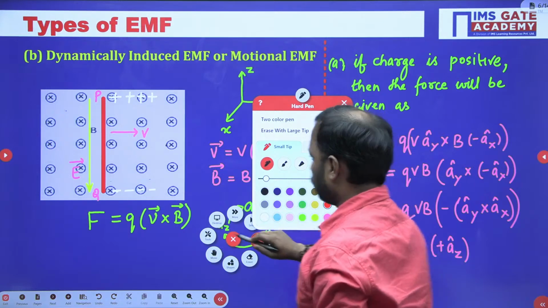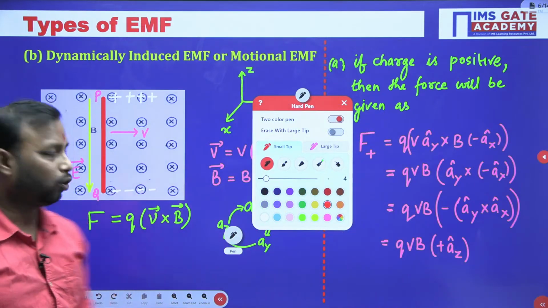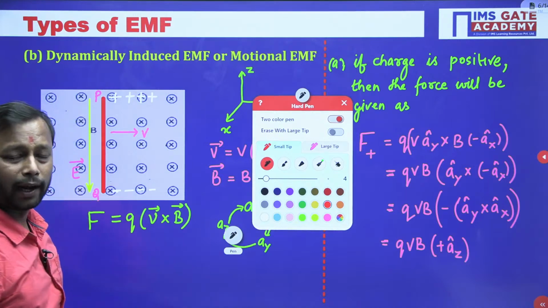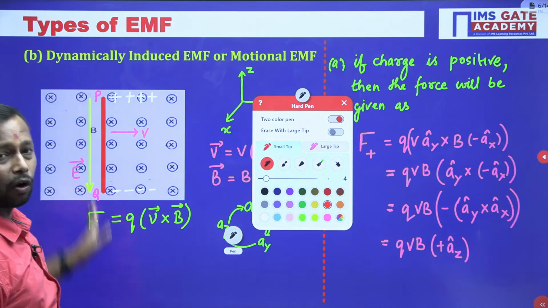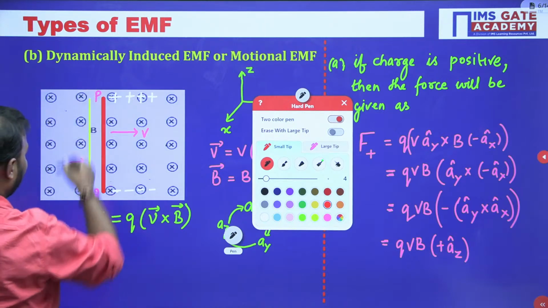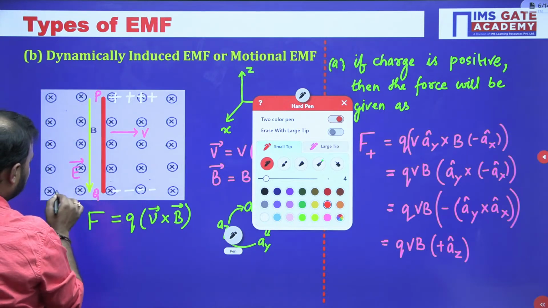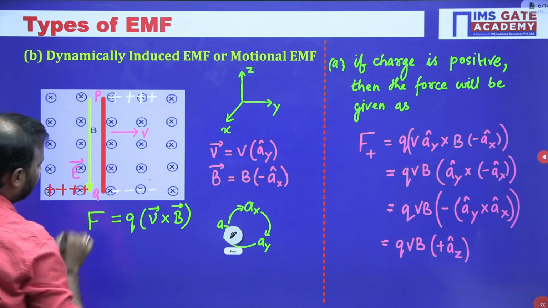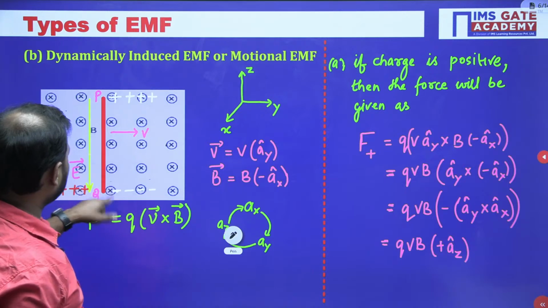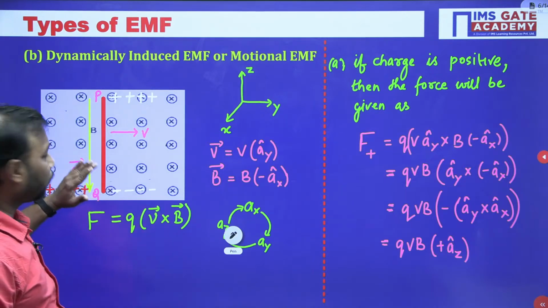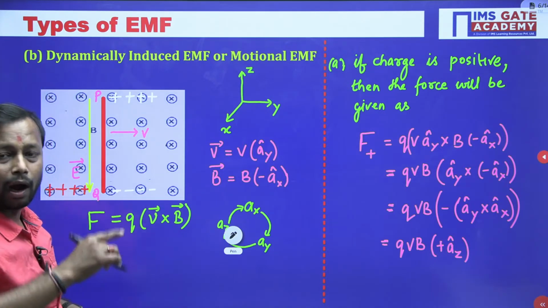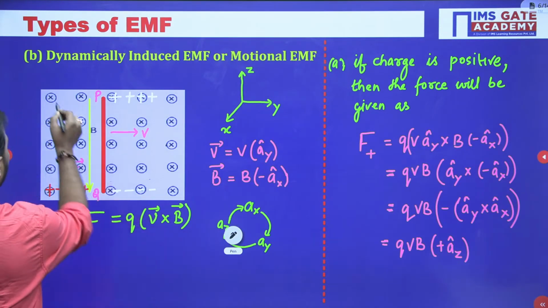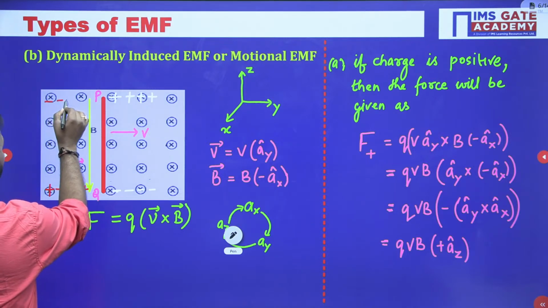It will make the positive charge shift in the downward direction, because electric field की direction क्या है? Downward. So it will try to force the positive charge to shift down. Am I clear? And your negative charge, the electric field tries to force in upward direction, because opposite direction में act करेंगे electric field and force because of negative charge. So negative charge will try to accumulate over here.